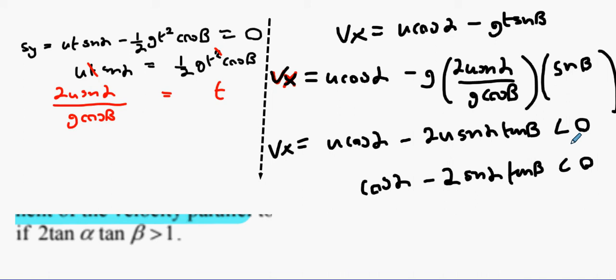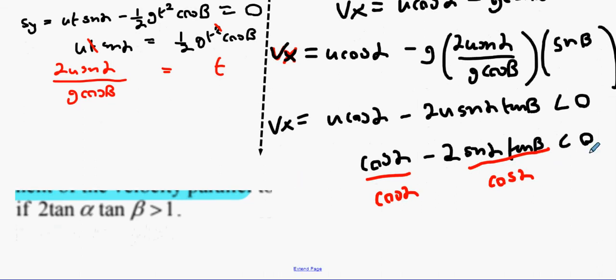Yes, exactly. As it turns out, this route is easier than the one that's in the American scheme. So what happens next then? You also divide the other side by cos alpha. And then what you get? 1 minus 2 tan alpha tan beta less than 0.